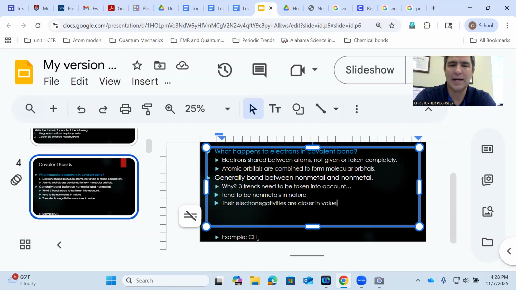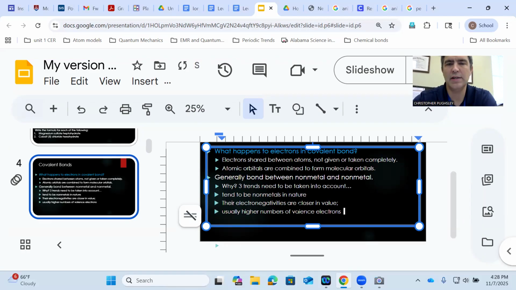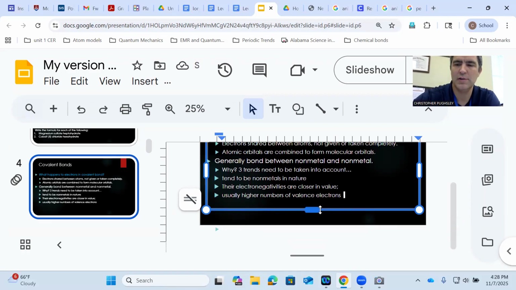Whereas with ionic compounds, one wants the electron, the other one doesn't, so they transfer. Closer in value means more likely to share. They also usually have higher numbers of valence electrons. So those are what a covalent bond is going to do.